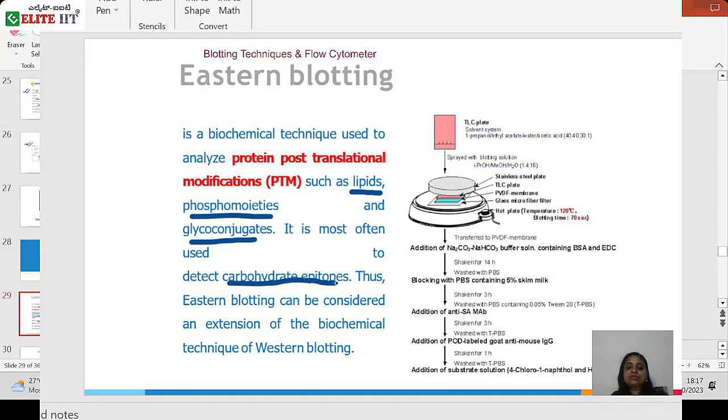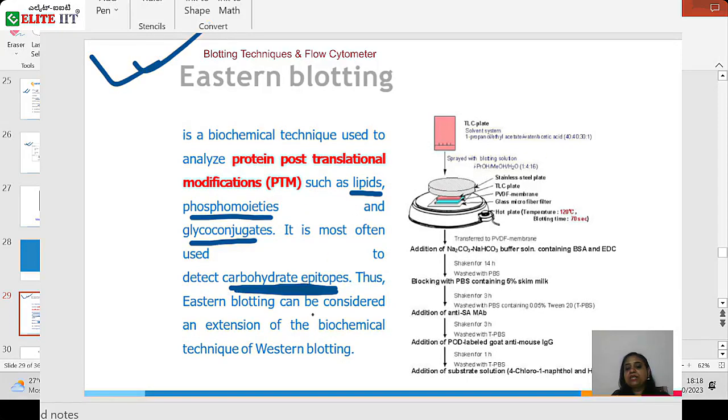I told you the most popular post-translational modification is the addition of carbohydrate moiety, or glycosylation. Addition of carbohydrate moiety is known as glycosylation. So to detect carbohydrate epitopes, the region where carbohydrate moieties are attached, in order to identify that, you just follow Eastern blot.